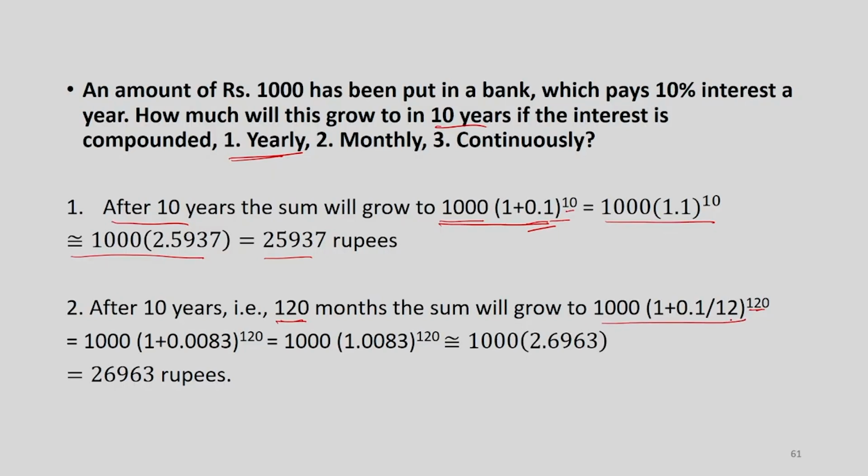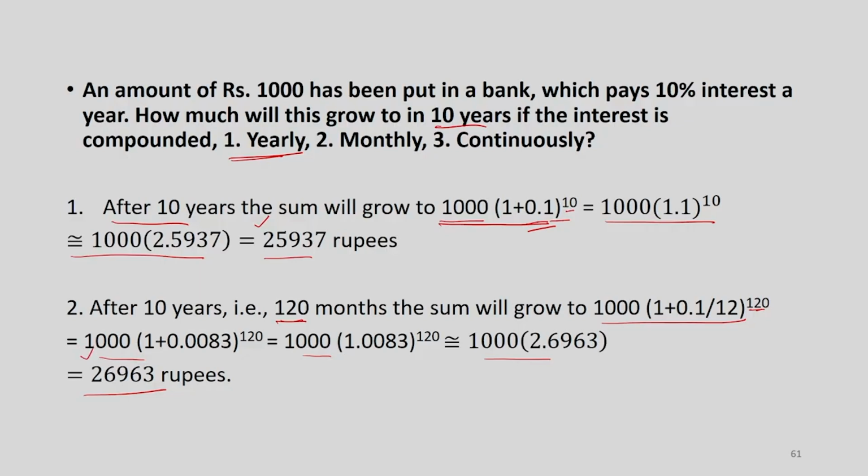Therefore, this is the formula that I have to use, and this is simplified in the next following steps, and I am taking the approximate value, and the answer is 26,963 rupees.